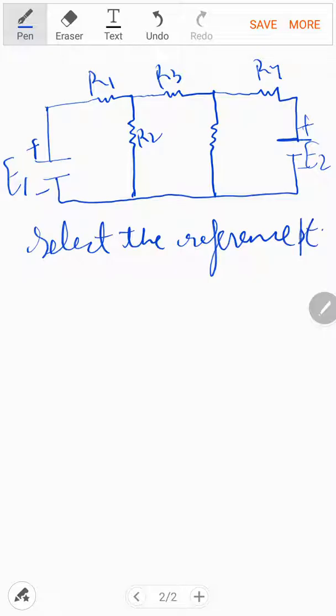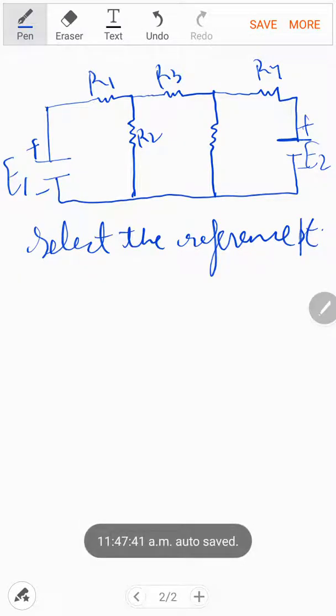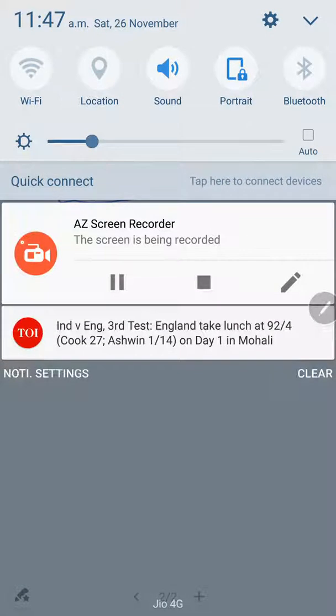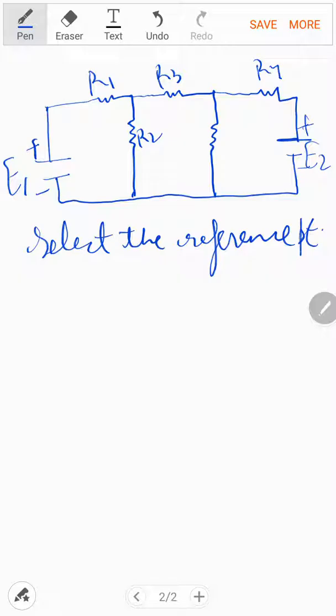Okay, so first we will see what the reference point is. The reference point, let's say, is in between the two nodes.